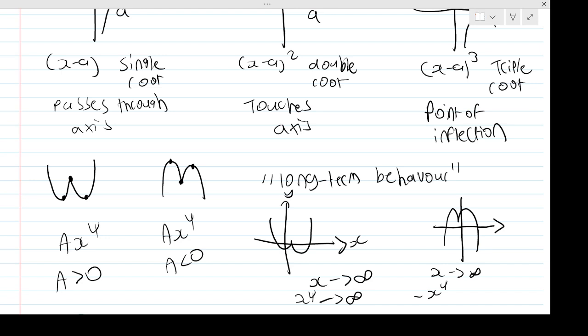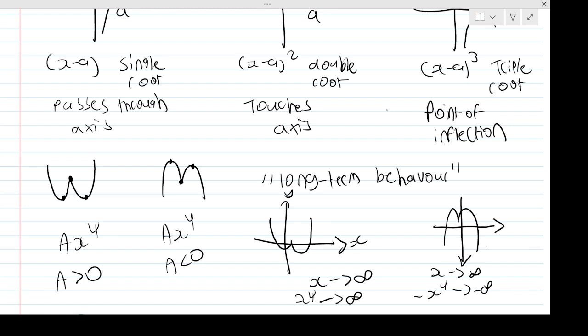It's going to a really big number. But then if we negate that, well, the negative of a really big number is a big negative number, right? So it's going to go downwards to negative infinity, okay? So instead of going upwards, in this case, it's going to go downwards to negative infinity. So that's the long-term behavior.